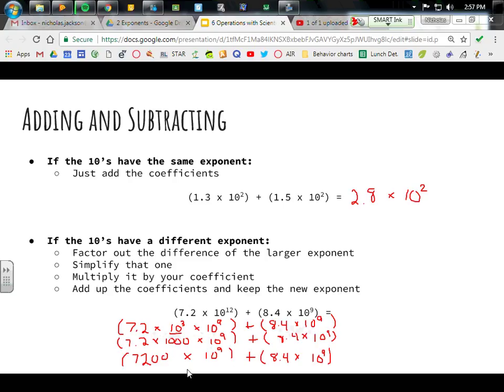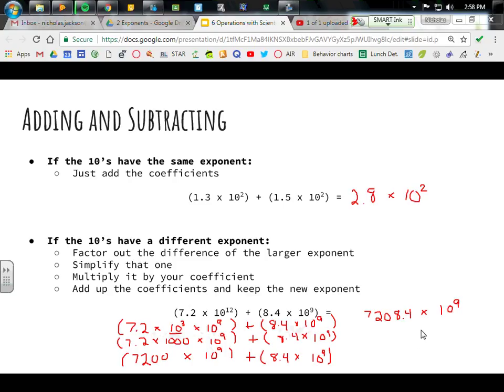All right, then we can add the coefficients. So 7,200 plus 8.4 would give us 7,208.4 times 10 to the 9th.